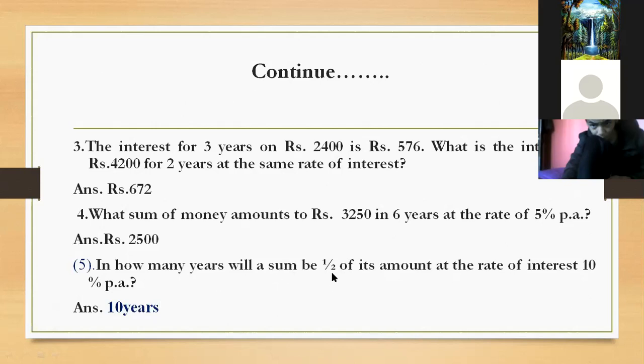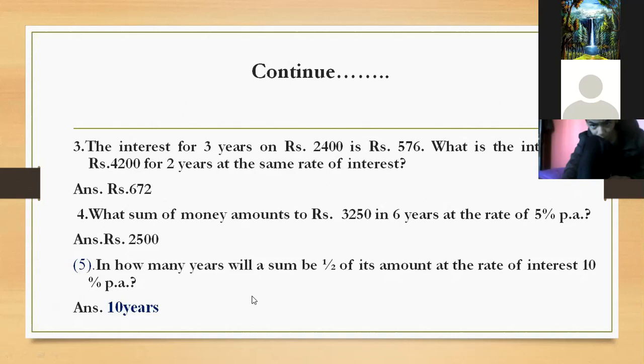In such a case, principal is half, amount is X. Then what will be the interest? You know, interest equals amount minus principal. From X, if you subtract 1/2X, the interest will be half, 1/2X.